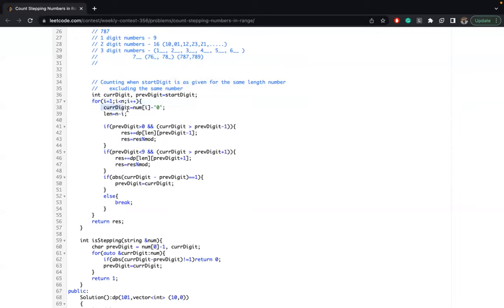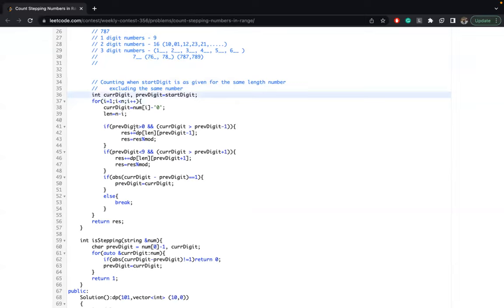It's not the first digit exactly, it's the second digit because it is 0 indexed. So the second digit is 8, and you have the previous digit, and the next digit should be according to the previous digit to have a stepping number.